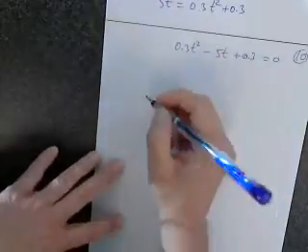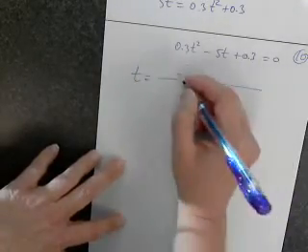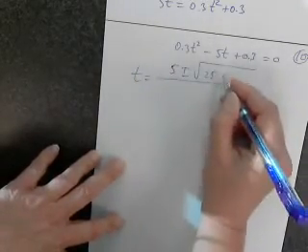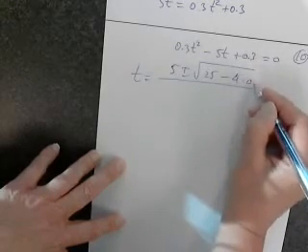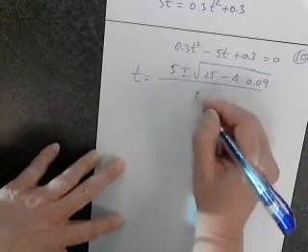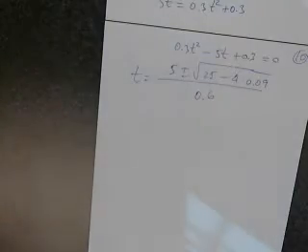Use the quadratic formula. Of course. So t equals negative b plus or minus the square root of b squared minus 4ac, over 2a. So left parenthesis, 5 plus the square root of 25 minus 4 times 0.09.